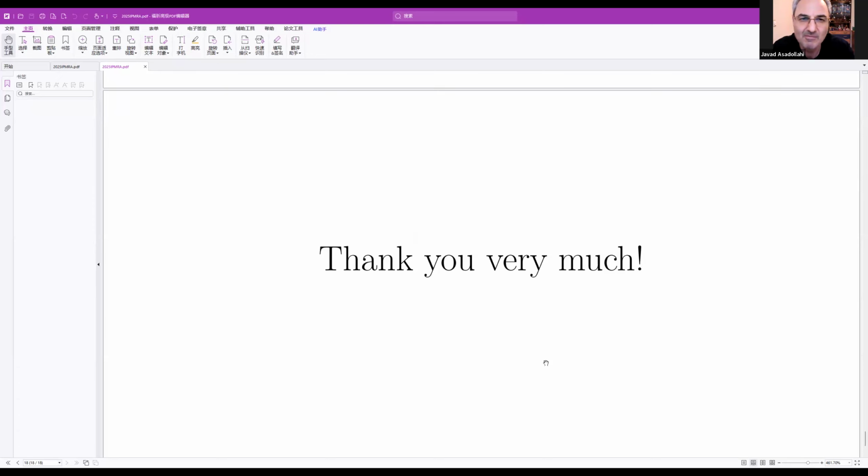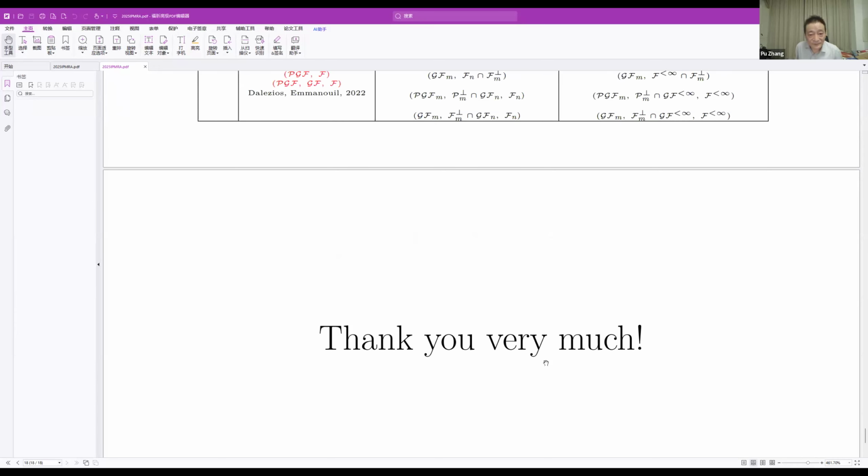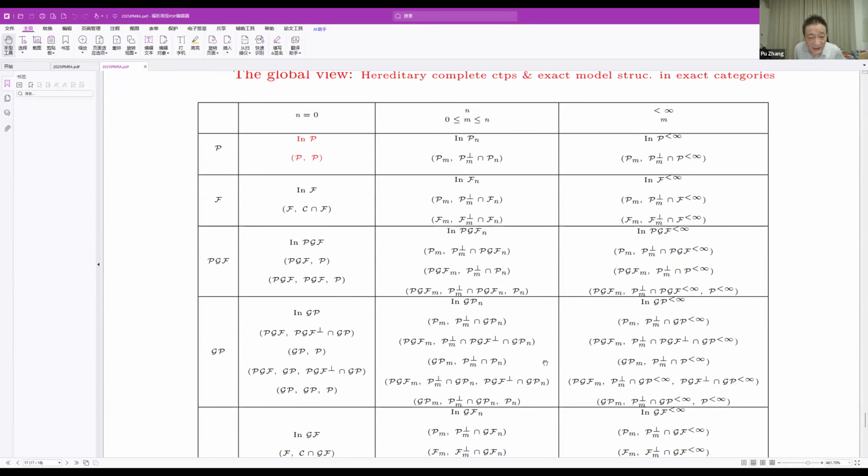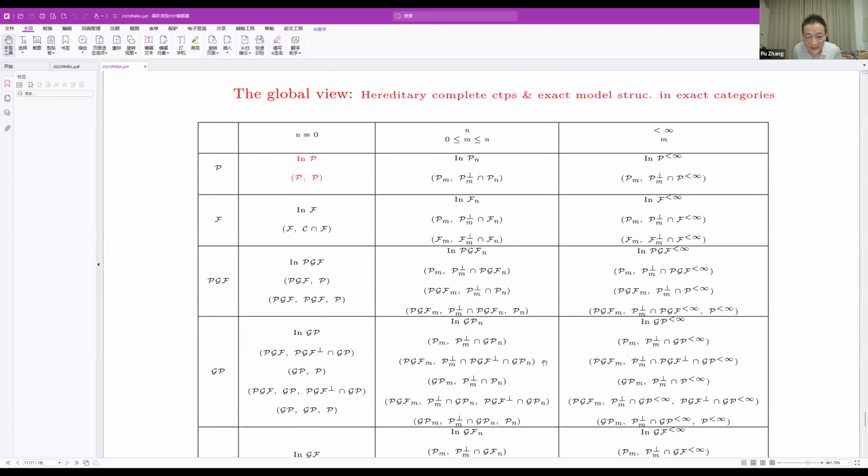Not every cotorsion pair can be completed to a Hovey triple, as you know. For example, here for this cotorsion pair we have no nontrivial Hovey triple arising from here.